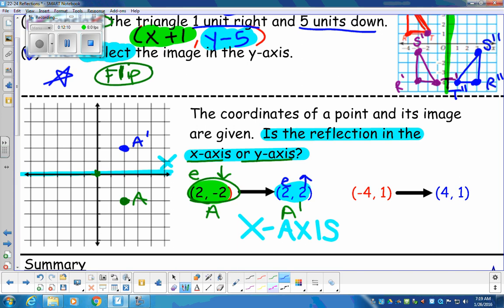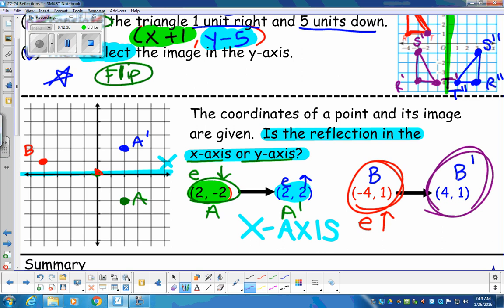Okay, guys, our last problem of the day before we get that summary. Here we go. We're going to call this B, and we're going to call this B prime. Let's go ahead and plot them out. So coordinate B is located at -4, 1. Find the elevator first, and then we're going up 1. Elevator is located at -4. Check in the front door. Left, 1, 2, 3, 4, up 1. This is the coordinate B. All right, we're going to go ahead and plot B prime. For B prime, we check in at the front door.